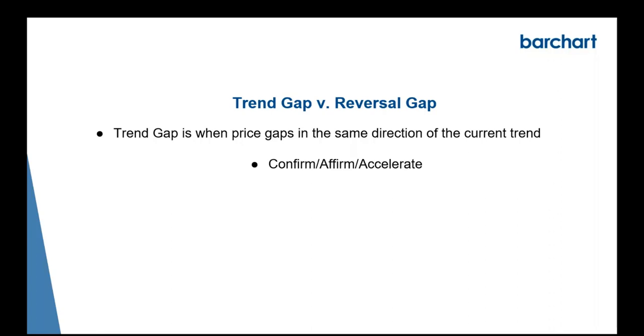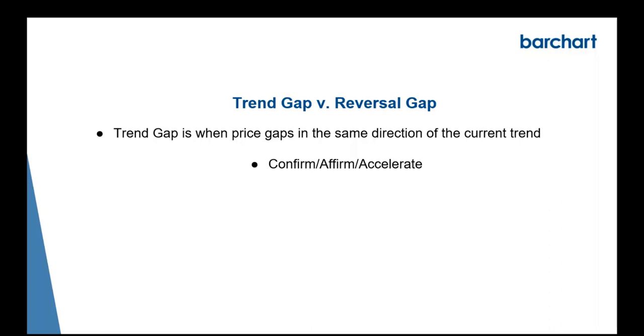Now, some folks will say that an acceleration gap might be called an exhaustion gap. But it's difficult for us to call it an acceleration gap or an exhaustion gap at that moment in time, because in order for it to be an exhaustion gap, we need price to retreat from that accelerated motion.